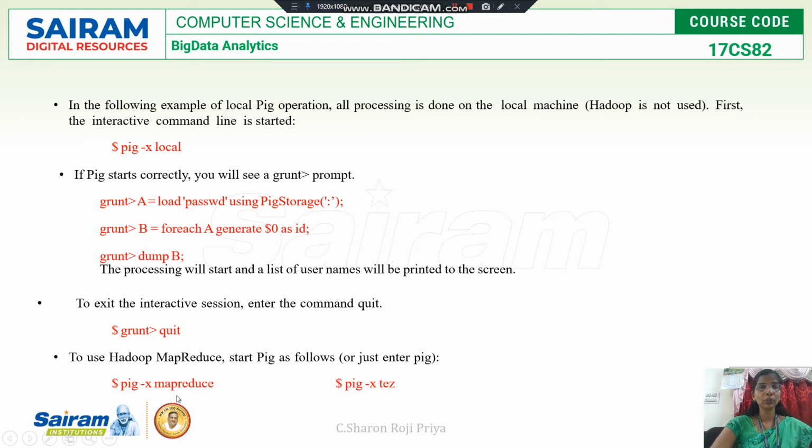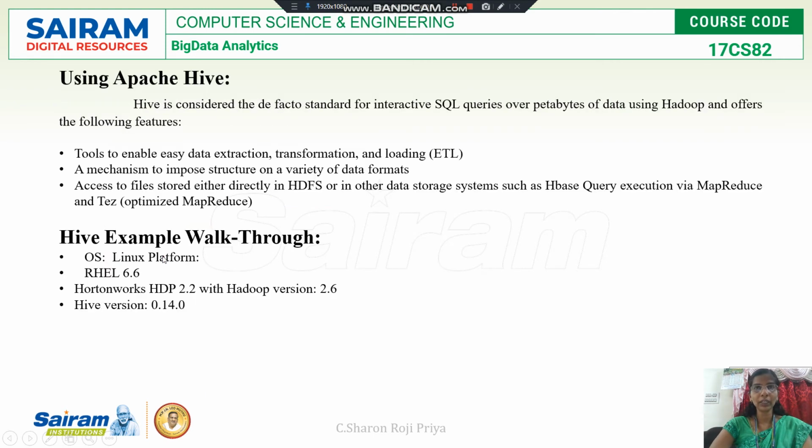If you want MapReduce, type mapreduce, otherwise type tez. Everything else will be the same. If you start your Pig tool properly, you will get your grunt prompt and you can proceed like this. So this is all about the Pig tool.